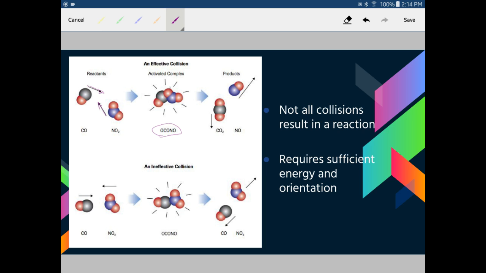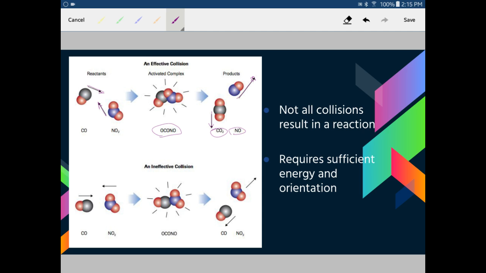Now notice, because this oxygen is located in the orientation that will jump onto this carbon monoxide, it looks like it's in the right location.